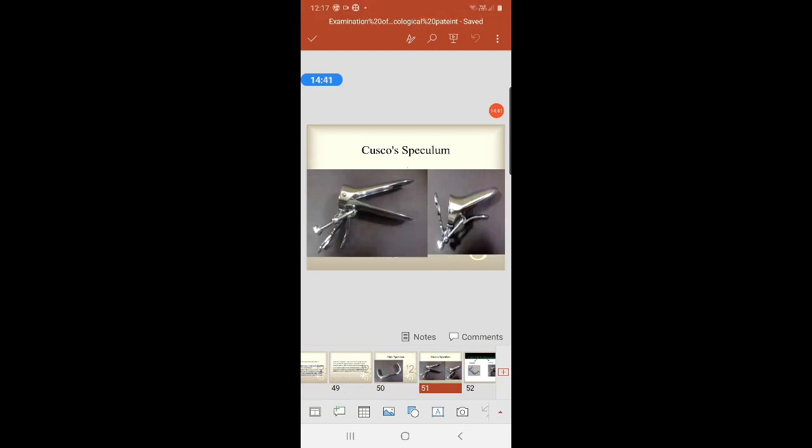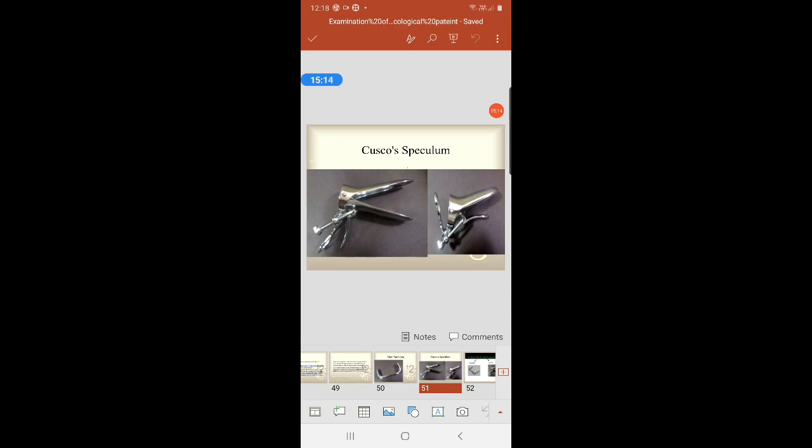This is the next variety of speculum. It is called Cusco's speculum. Cusco's bivalve or double walled speculum is a self-retaining speculum, because you can see here it has two walls. After introducing it into the vagina, we can open the two walls of the speculum, and there is a screw also, so we can fix the screw. It is self-retaining because we don't need an assistant when using the Cusco's speculum.